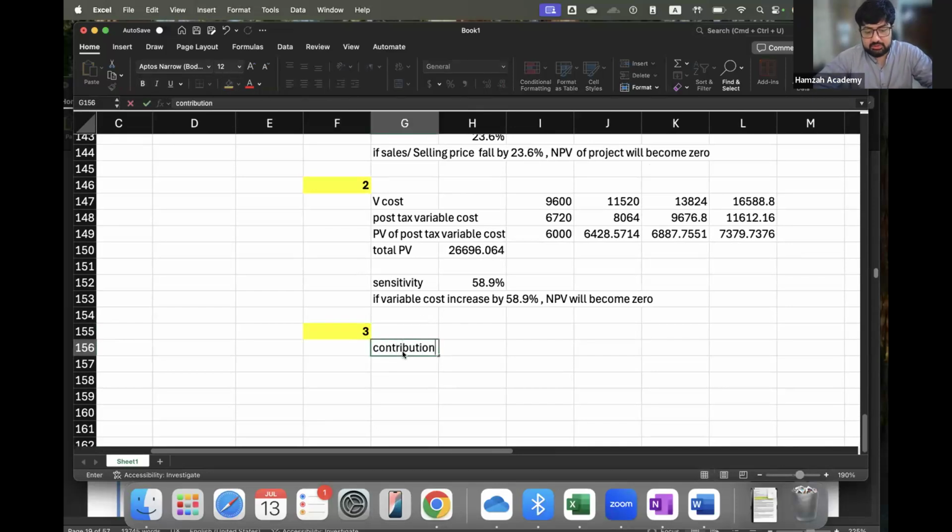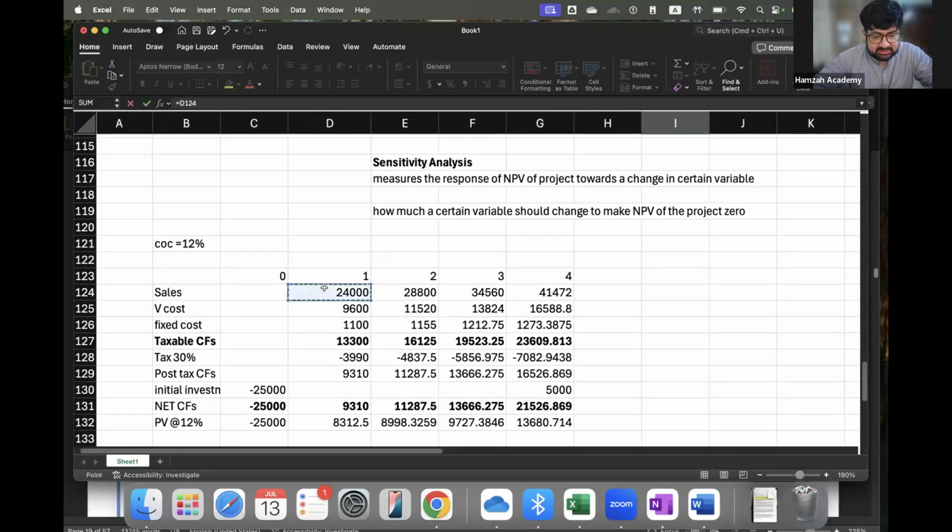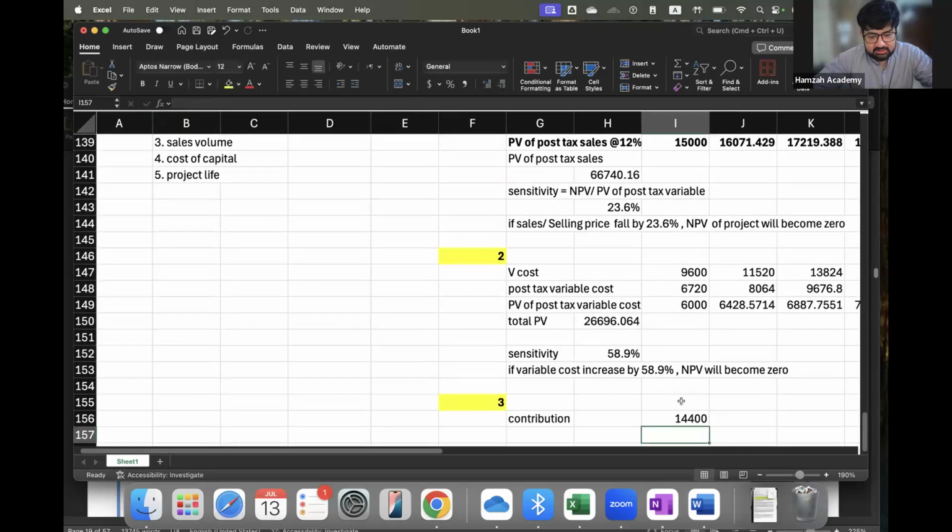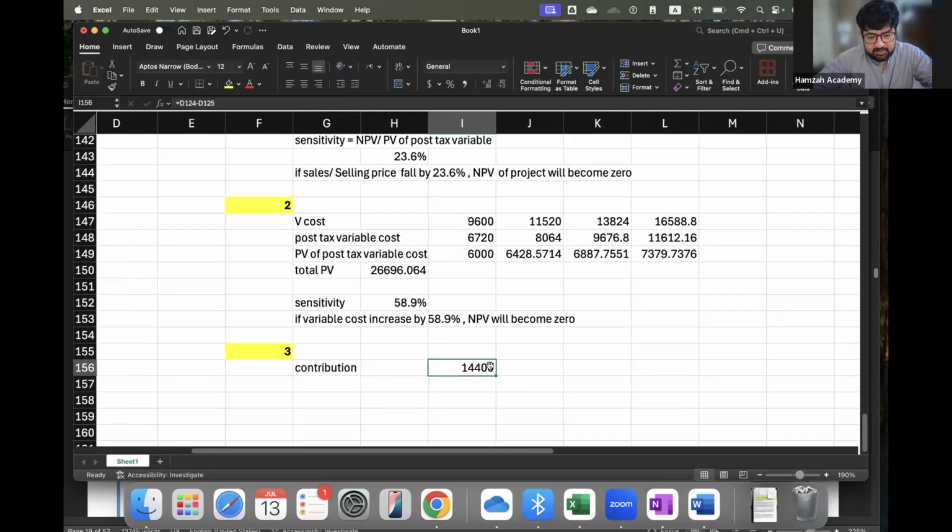So we need to calculate sales minus variable cost. Here we are. Sales minus variable cost. Contribution. Now post-tax contribution. This into 1 minus 0.3.